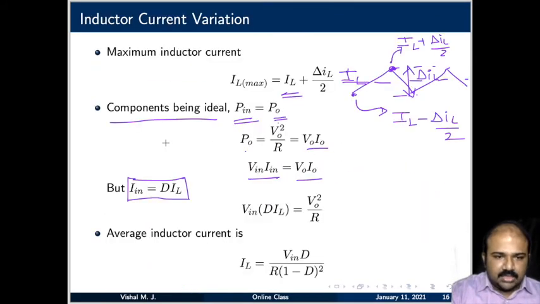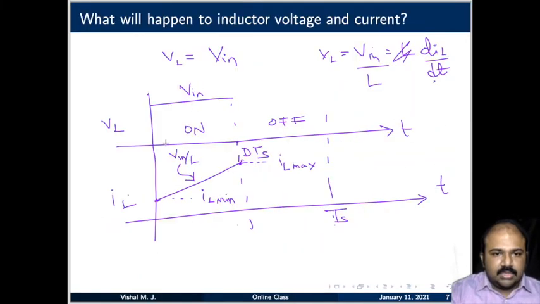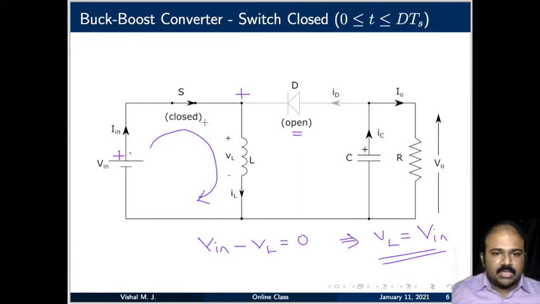Now, to understand this, let us go to the circuit. What is the input current with respect to inductor current? It is not voltage, it is current. Input current is equal to inductor current when the switch is closed.